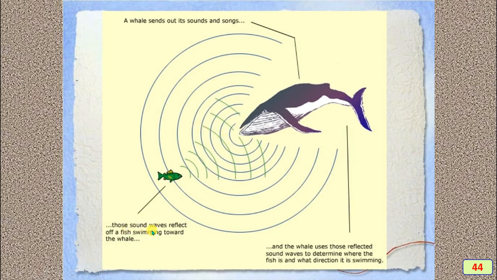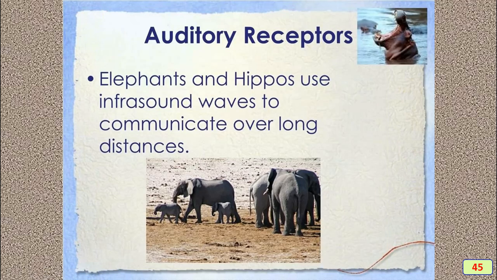And these sound waves reflect off a fish swimming towards the wave, and the whale uses those reflected sounds to determine where the fish is and what direction it is swimming and catch its prey. Then the elephants and hippos use infrasound waves to communicate over long distances, both of these very huge mammals especially.